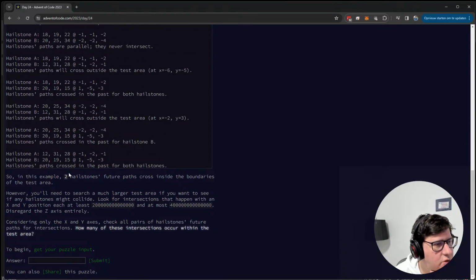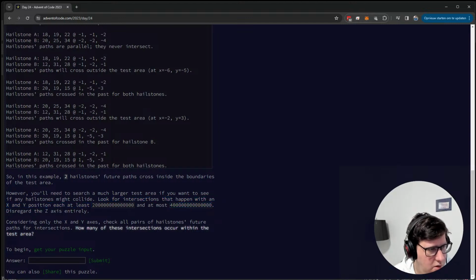So in this example, 2 hailstones' future paths cross inside the boundaries of the test area. However, you'll need to search a much larger test area if you want to see if any hailstones might collide. Look for intersections that happen with an x and y position at least blah and blah.